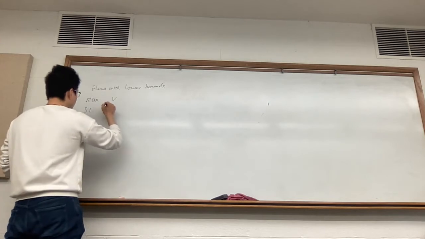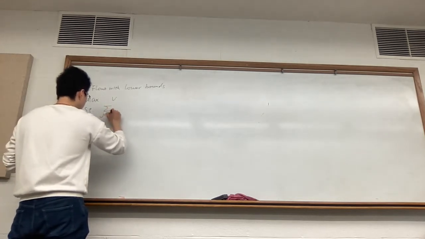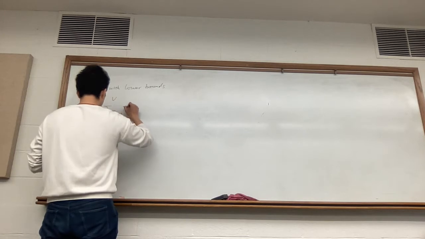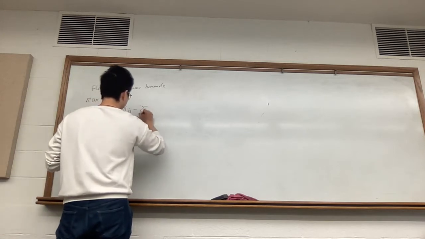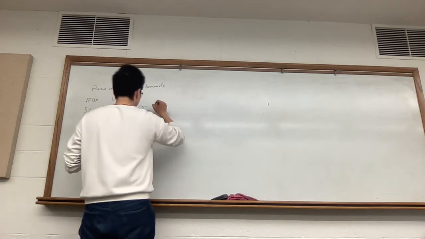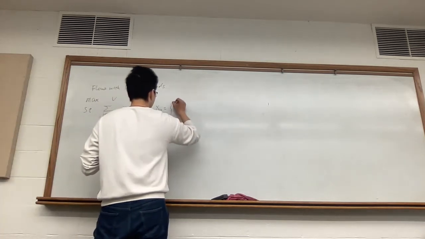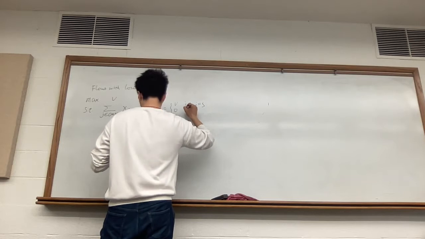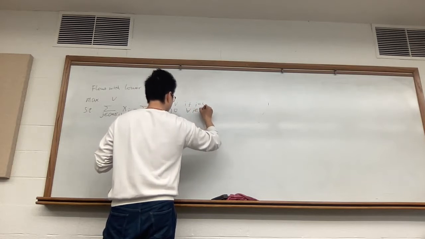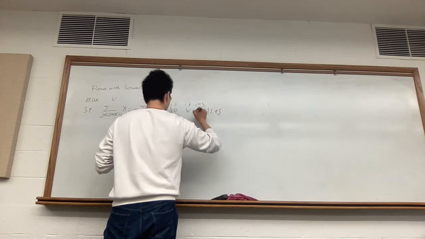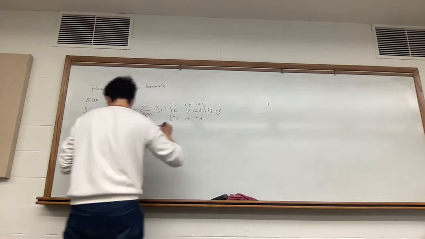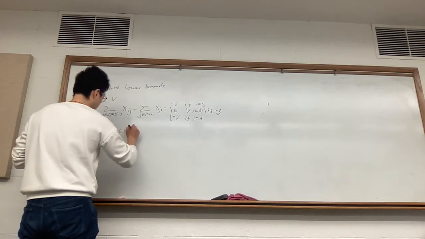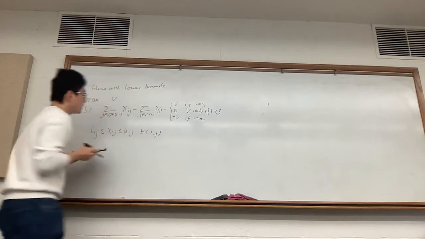So the constraints are like sigma J. So let us look at it.